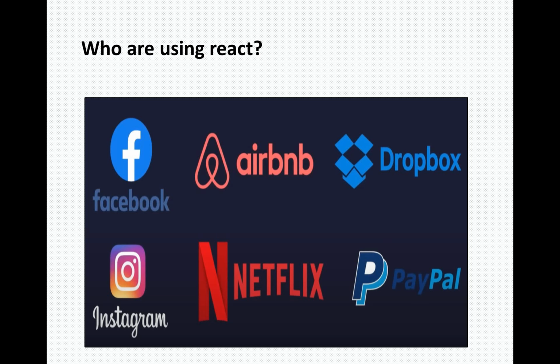Dropbox is again a big brand. They are using React for their UI. Instagram, you know. Netflix, you already know. So they are using React. PayPal is again a very big brand across the UK, US, and India also. They are using React for their UI applications.